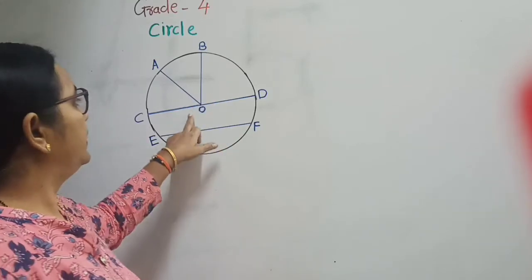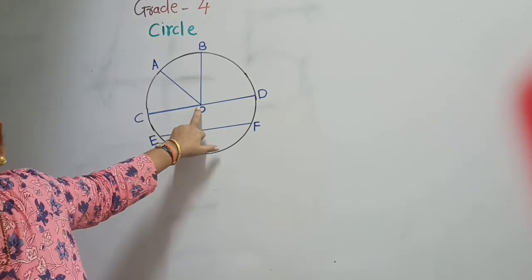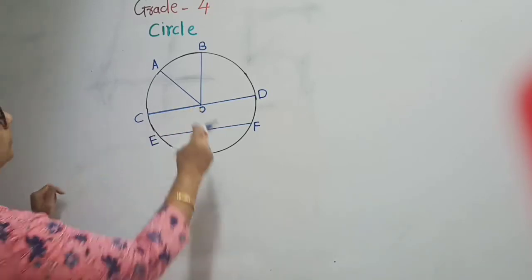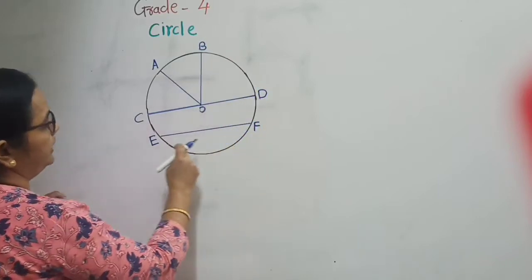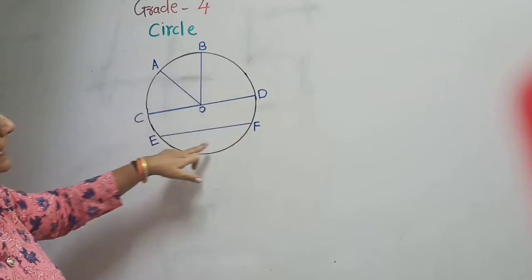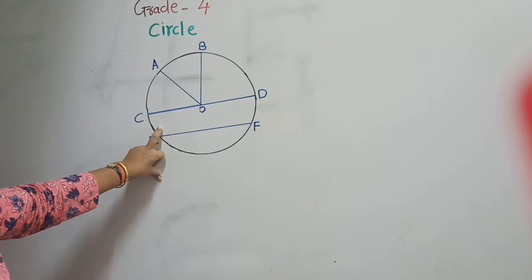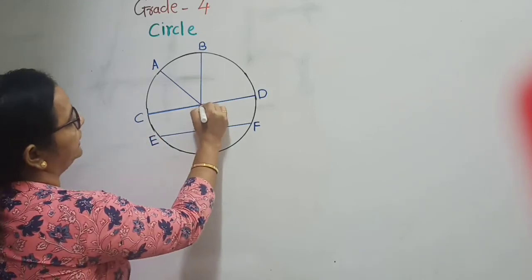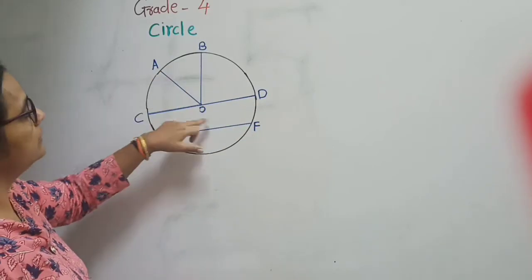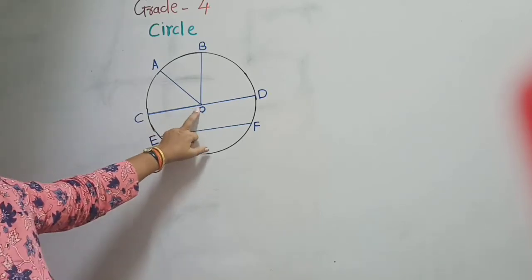When we draw a circle, a circle is a curve shape in which all the points on the curve are the same distance from a fixed point. All the points of the circle are at a fixed distance from the center point.